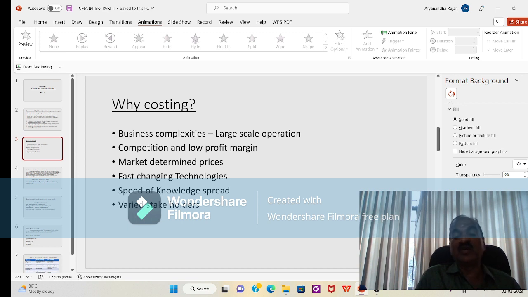Then, the speed of knowledge spread. The spread of knowledge is very fast now. Mobile technology, digital technology, social media, etc. You are getting information on all products, all facilities, all prices, very easily without any cost.